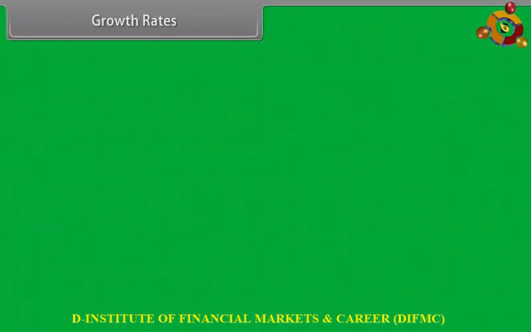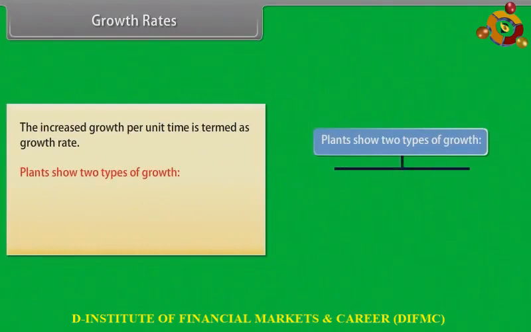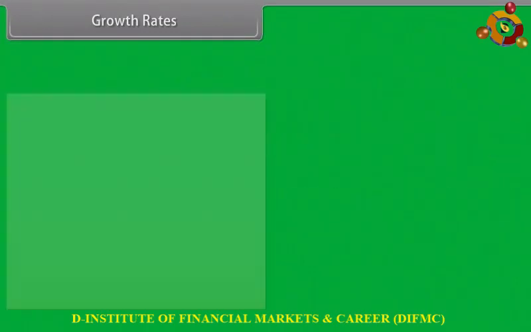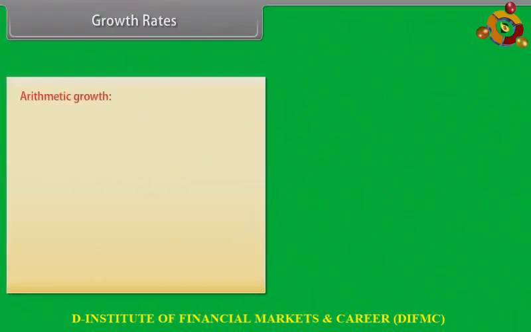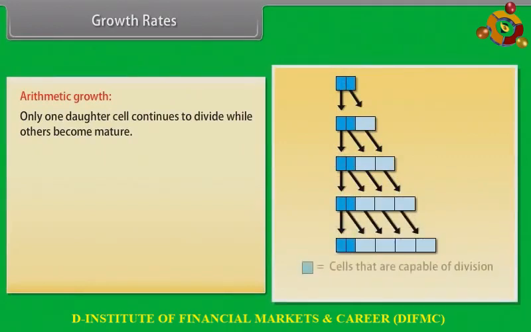Growth rates. The increased growth per unit time is termed as growth rate. Plants show 2 types of growth: arithmetic and geometric. Arithmetic growth. Only one daughter cell continues to divide while others become mature.